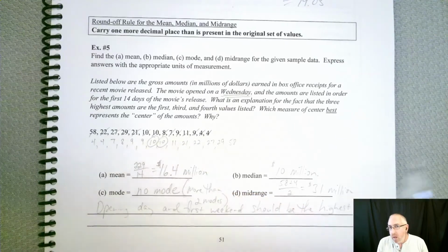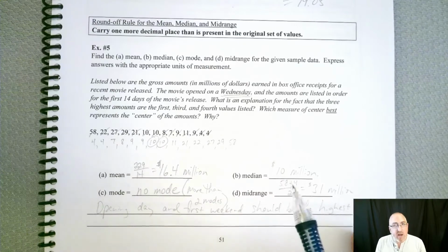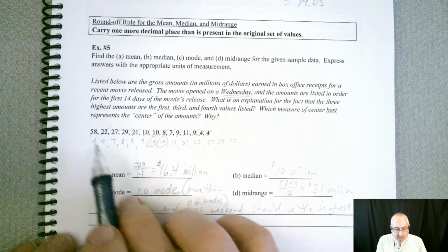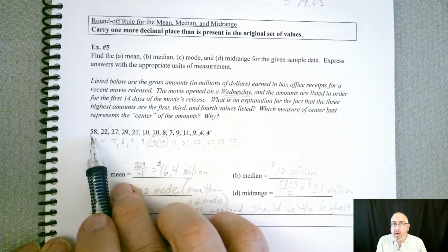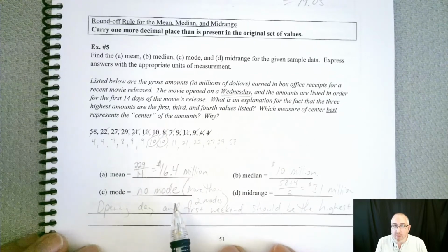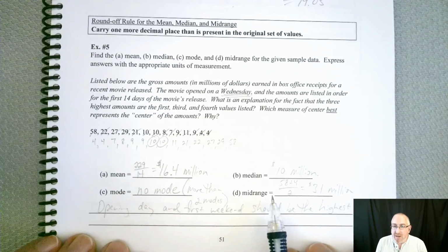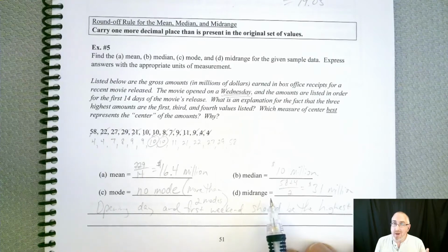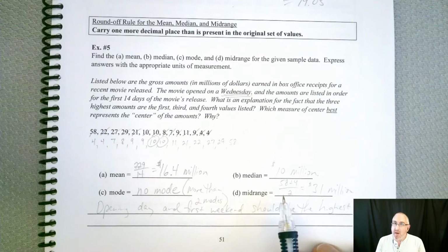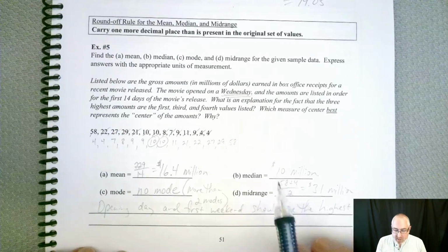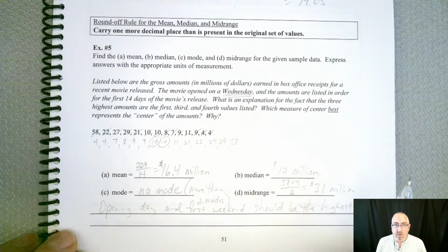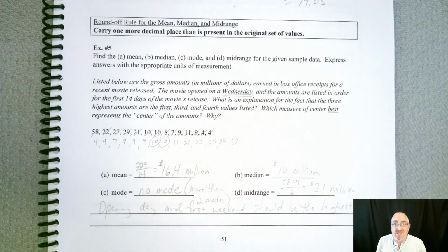So the median is actually kind of a better representation for that data because it doesn't take into account that outlier of 58. Now, the mode really doesn't help us at all, but the mid-range is skewed because of that outlier. That 58 is right there. So we got to be careful of those outliers. So in this case, the median is going to be the better choice for what represents the quote-unquote center.